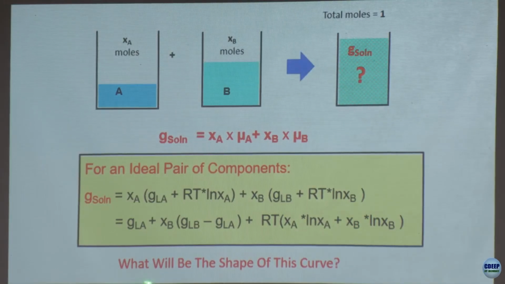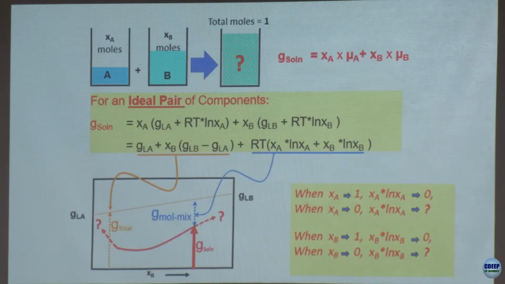So what will be the shape of this particular curve? This particular line happens to be a simple linear expression for keeping one layer above the other layer. Now can somebody estimate the value of this part of the expression at, for example, XA equal to 0.5, XB equal to 0.5?